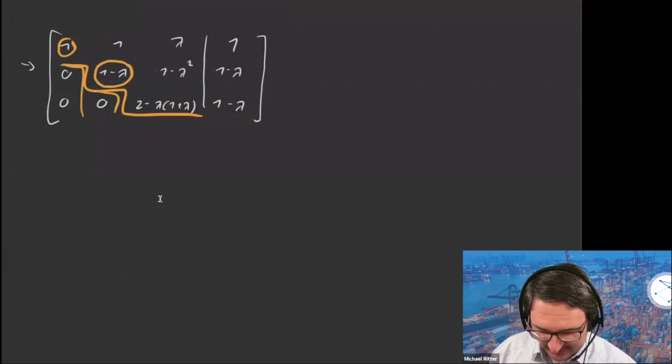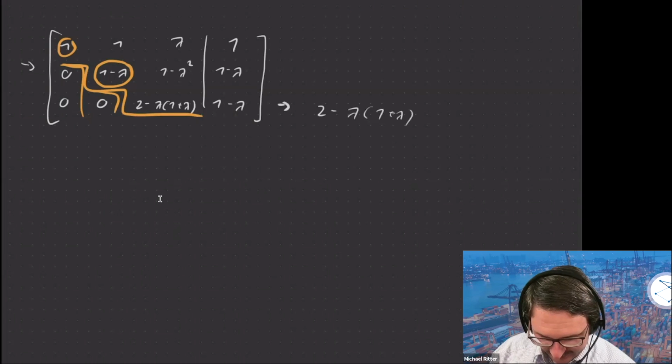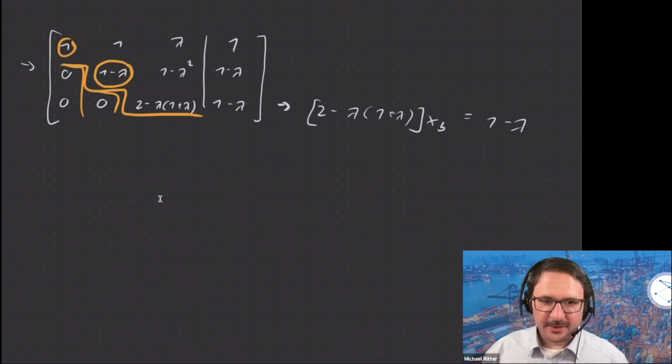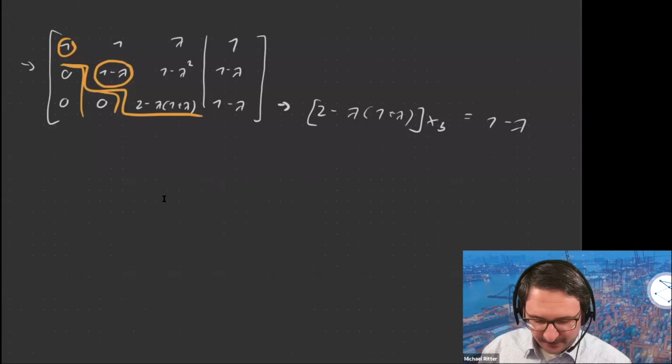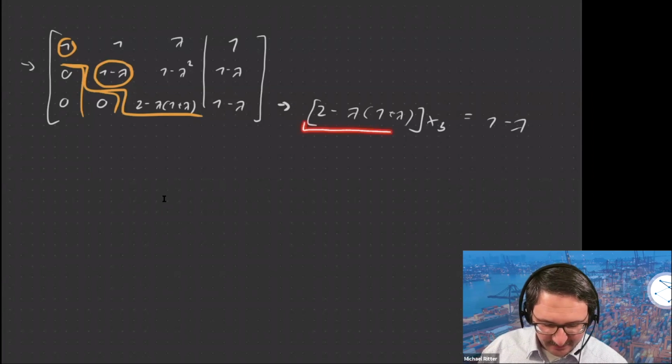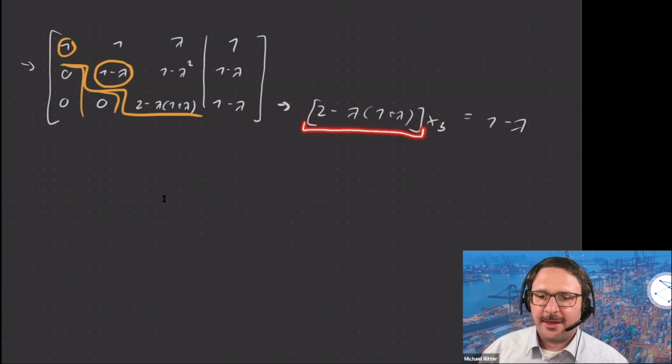And this equation is 2 minus lambda, 1 plus lambda times x3 is 1 minus lambda. And we can only solve that for x3 if we can divide by this number here. And that we can do if that number is not 0.